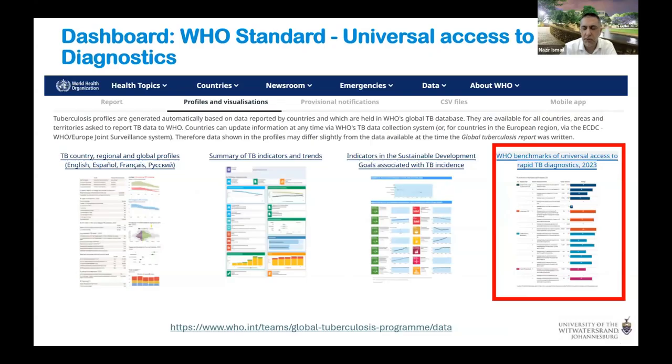Just for your information, with the release of the Global TB report yesterday, we have also in parallel added a dashboard where the parameters for the WHO standard are now being populated by countries on an annual basis, as part of the data collection system at WHO. On the data page, you'll find a hyperlink to this WHO benchmark of universal access to rapid TB diagnostics.